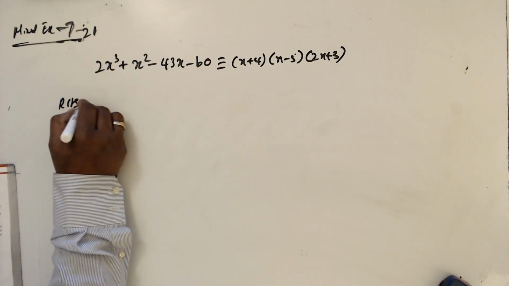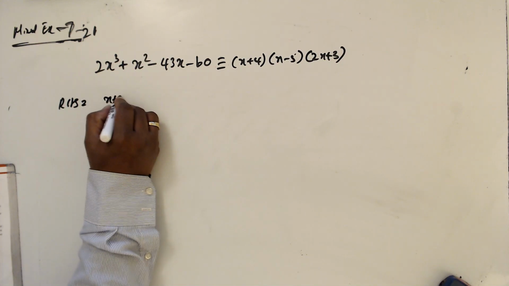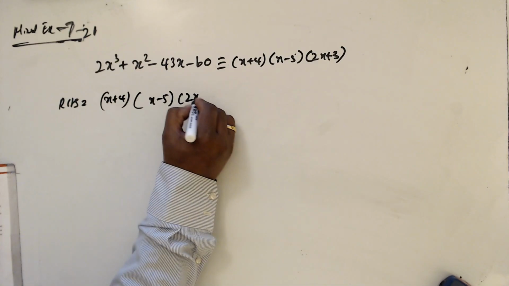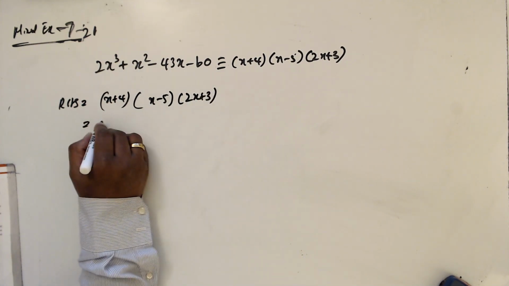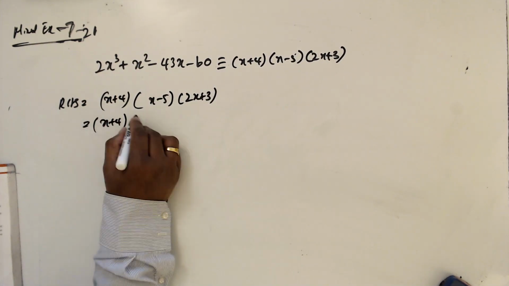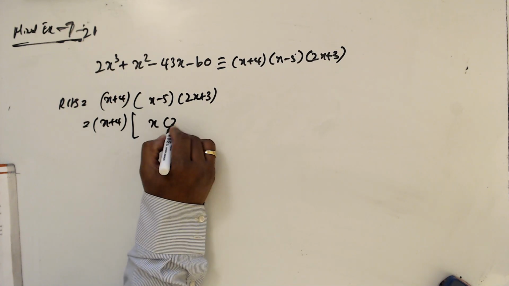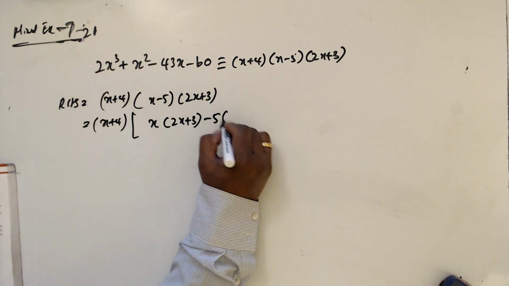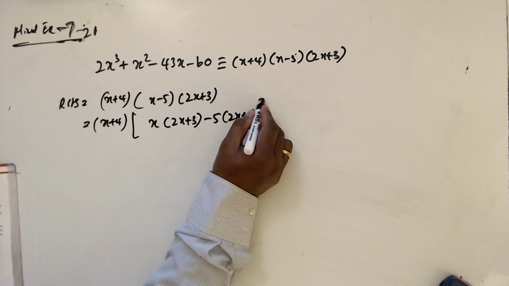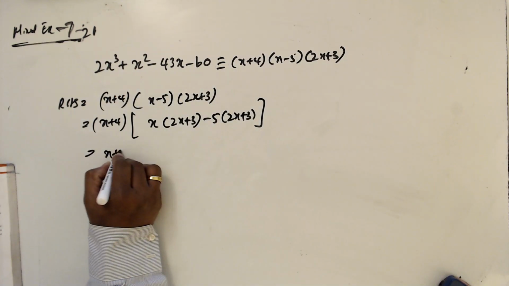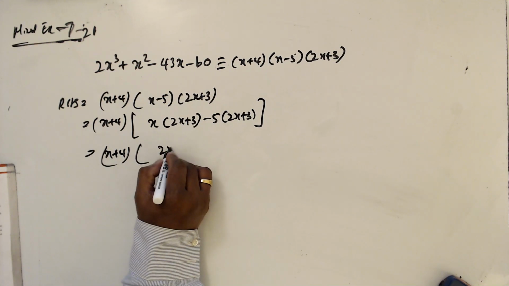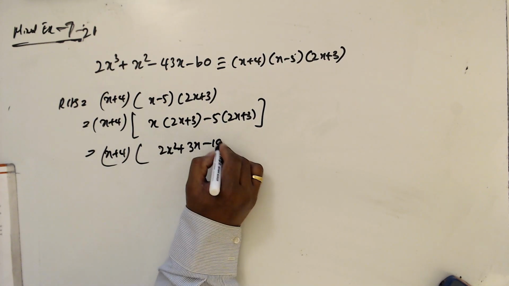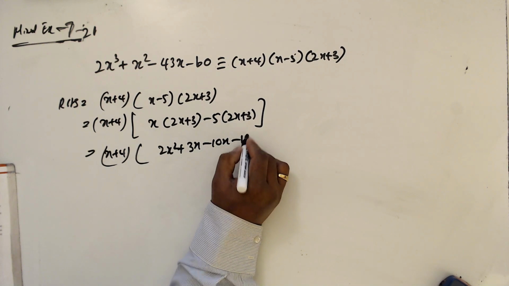So the right hand side equals (x plus 4) times (x minus 5)(2x plus 3). So we will solve this one: x times (2x plus 3) minus 5 times (2x plus 3). So this is going to be (x plus 4)(2x squared plus 3x minus 10x minus 15).